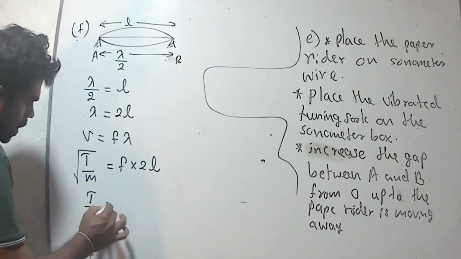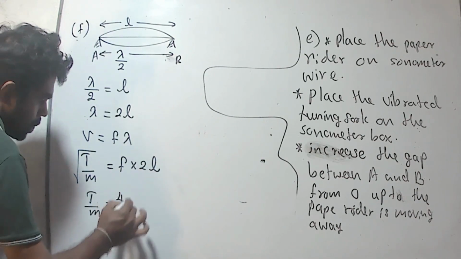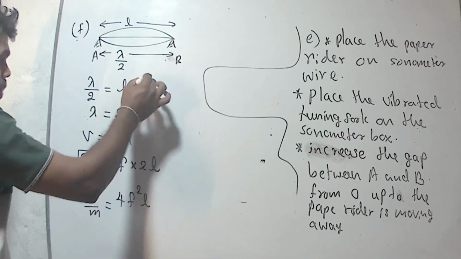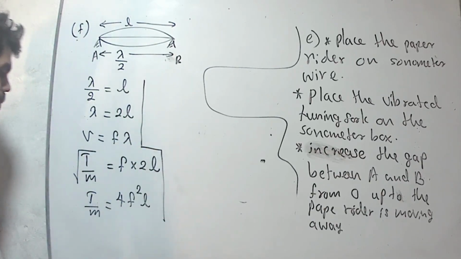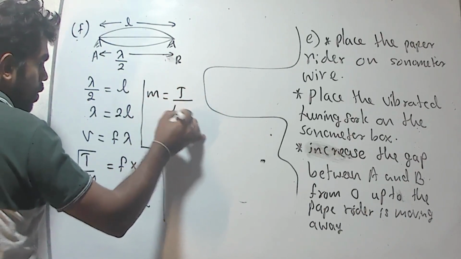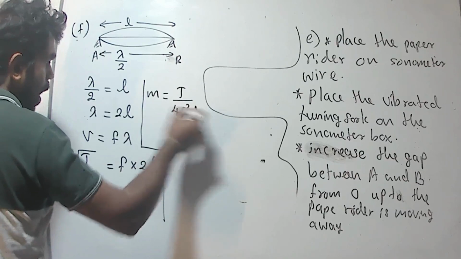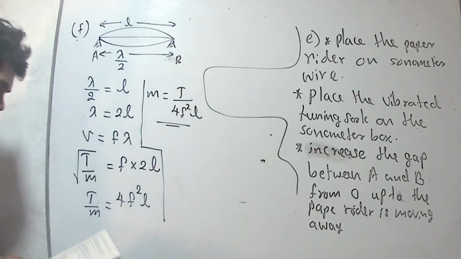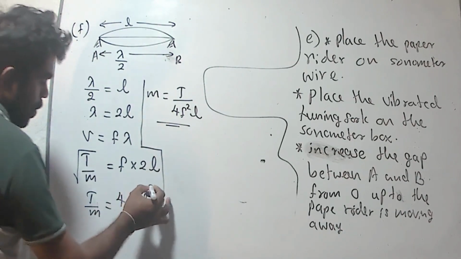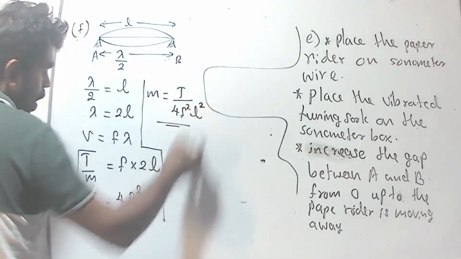T over m equals 2 squared, 4 f squared L squared. Now we can make m the subject. m equals T over 4 f squared L squared. We have to get L squared.